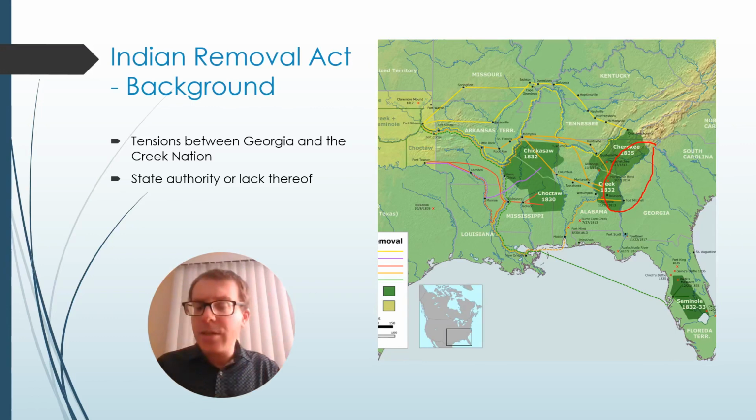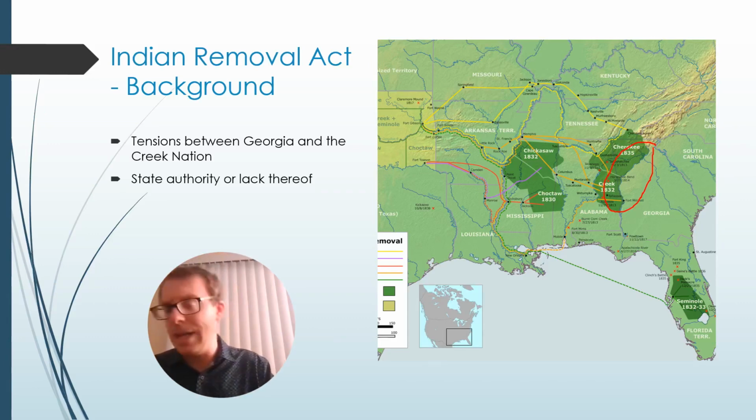And so this creates a strong incentive for the supporters of Georgia and the supporters of this rapid expansion into native land to create legislation like the Indian Removal Act, which will authorize states to remove Native American peoples from their land, or from the land they claim to own, which they actually don't.